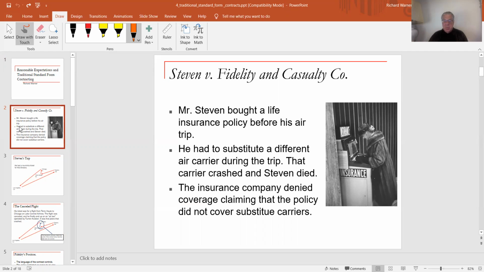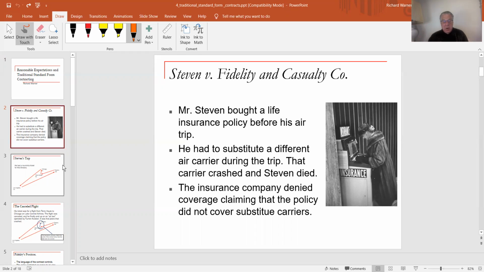But the insurance company denies coverage, says no, he's not covered for that particular flight, because it was excluded in the policy. The policy excludes substituting one air carrier for another. And the question is whether the insurance company is right or whether what Mr. Stevens reasonably expected when he bought the insurance policy says that he is indeed covered.